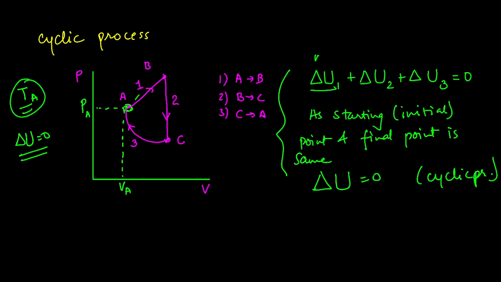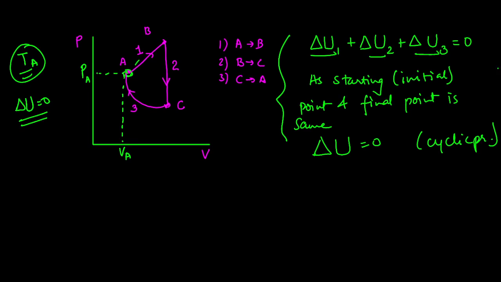Delta U1 is not 0. See, please be careful. Delta U2 is also not 0. And delta U3 also not 0 or maybe 0, we don't know. But individually they don't have to be 0. But when you add them, they have to be 0. Okay, together.